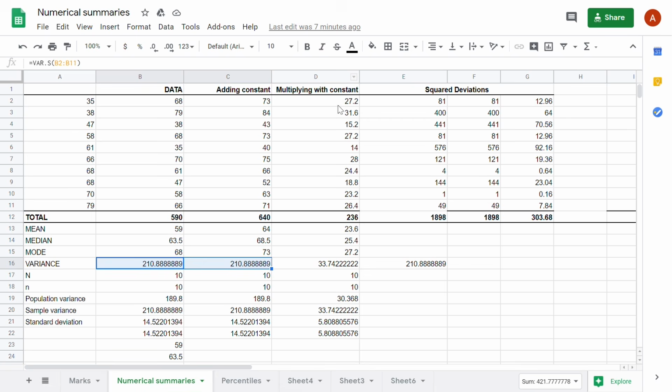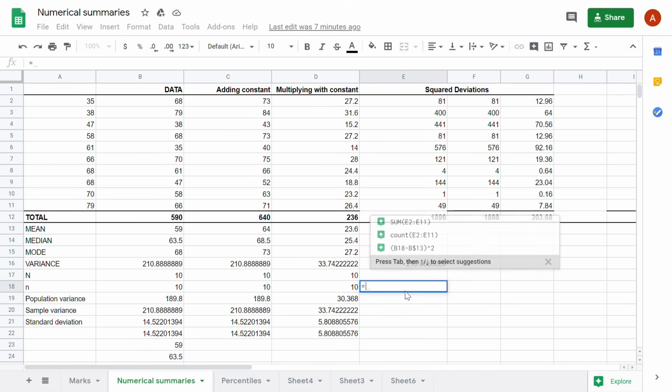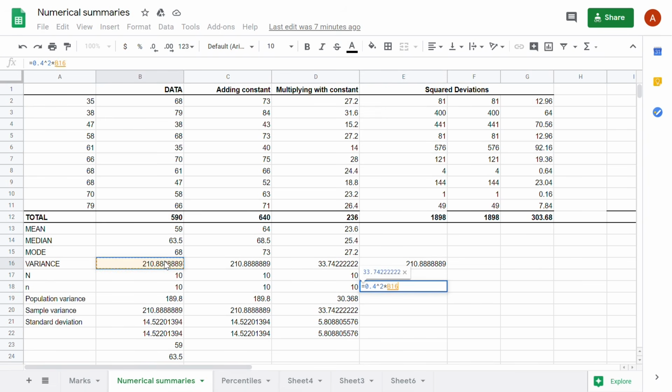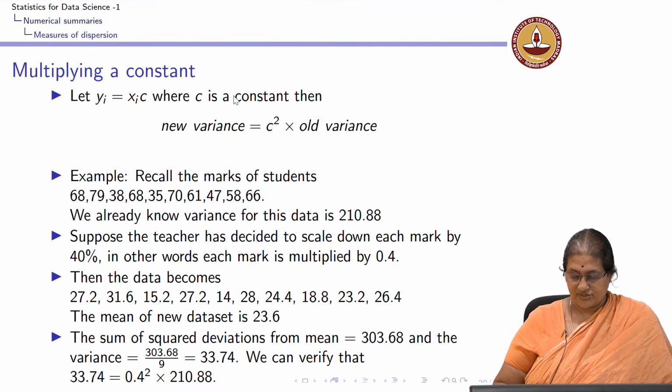So, you can see that when I multiply with a constant, I get 33.74 as my variance, and I can verify that this is 0.4 square times the old variance. So, this is how we compute the variance of a data set when adding a constant and multiplying with a constant.